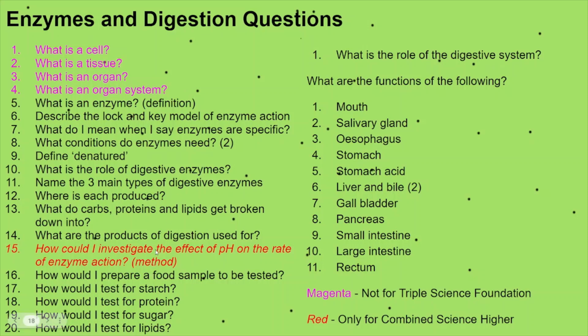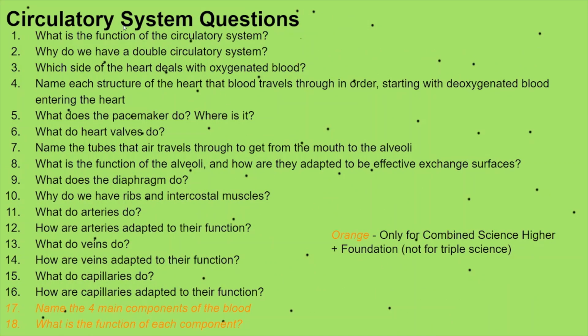And this question 15, this is the required practical that's only in the Combined Science higher exam. The circulatory system questions, these orange questions, they're only for the Combined Science higher and foundation. They will not come up in the Triple Science higher and foundation exams.